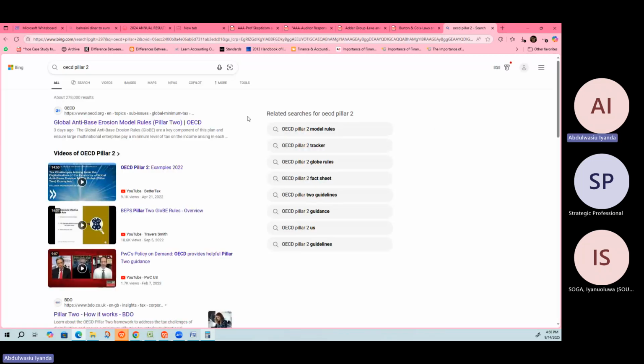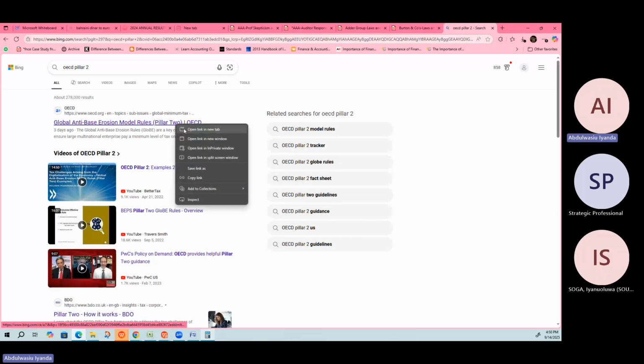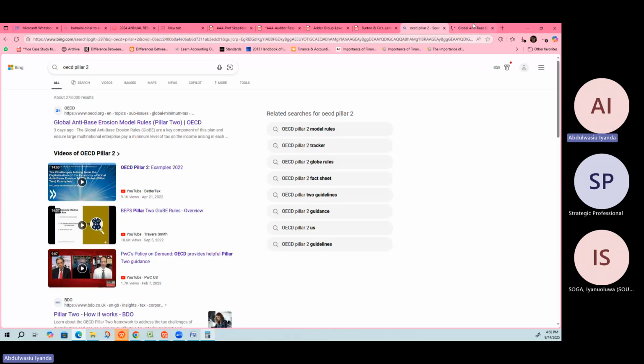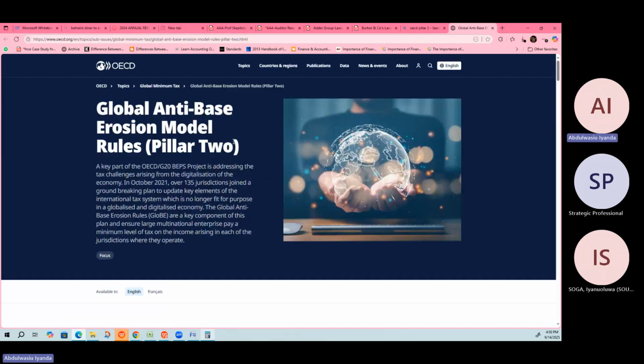Due to some of the changes that Pillar 2 is bringing on board, it's also affecting IAS 12. If your organization is part of the OECD countries, you sign up for it. So if this new pillar is coming on board, they will just take a little bit, and you will not follow it completely. That is the commission. The omission is that you did not follow it at all.